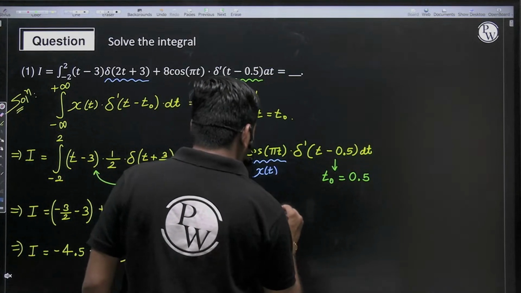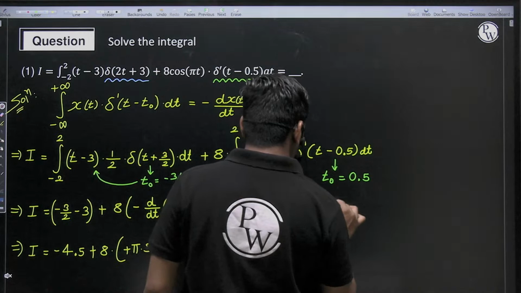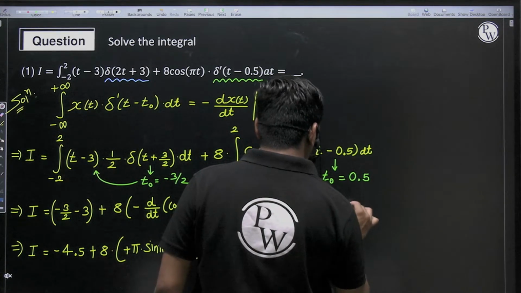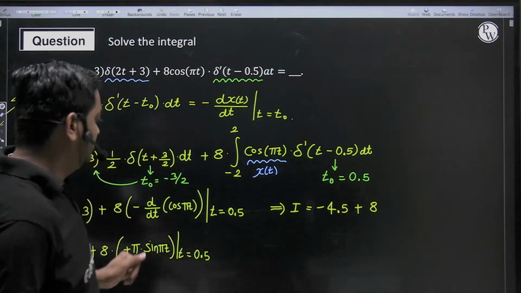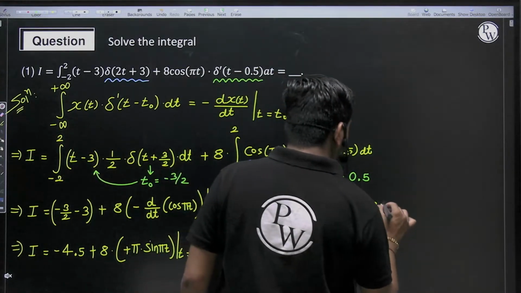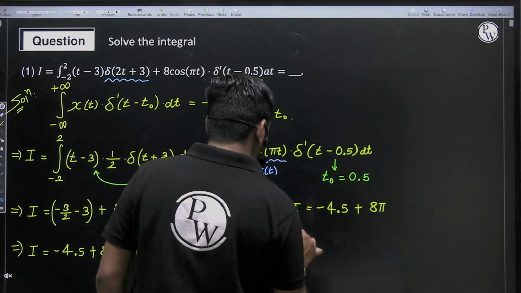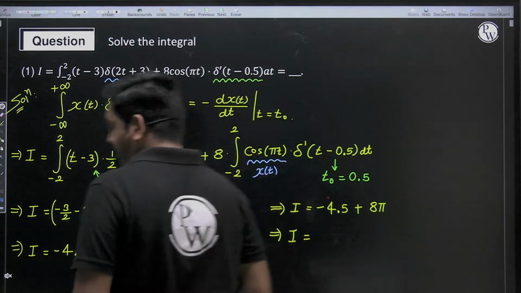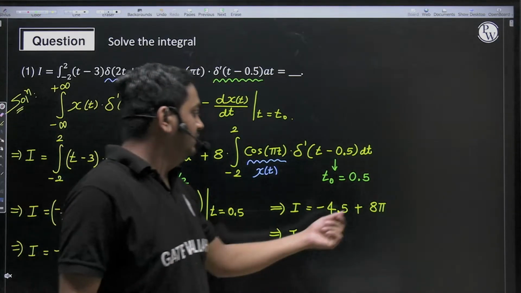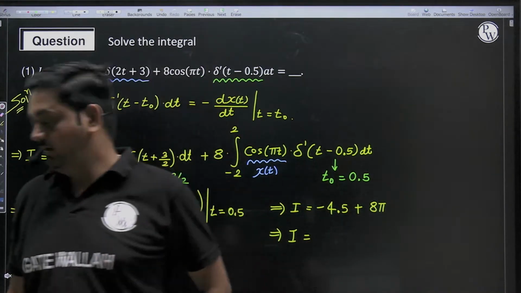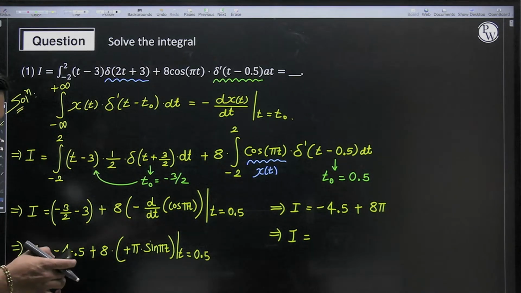So that's why I is equal to minus 4.5 plus 8π, since sin(π/2) is 1. Tell me the numerical value. After putting the value of π as 3.14, what is the final answer? Tell me in the comment box. Put the value of π as 3.14 and tell me the final value.